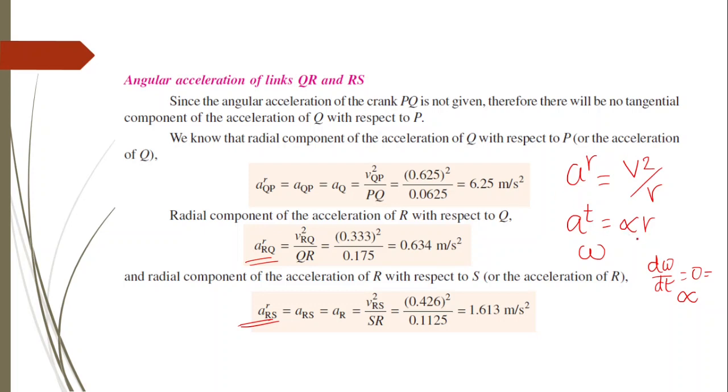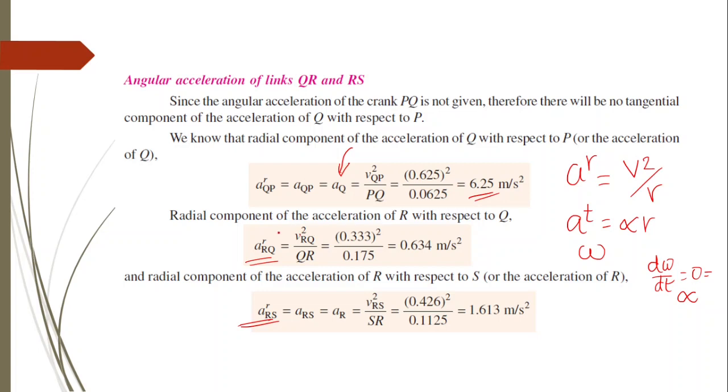Then the resultant of the tangential component and radial component is the final acceleration, and that will have the same magnitude as the radial component when the tangential component is 0. So we can treat the radial component of acceleration of Q with respect to P as aq itself. But in the case of the other two links, we cannot say that there is only a radial component.